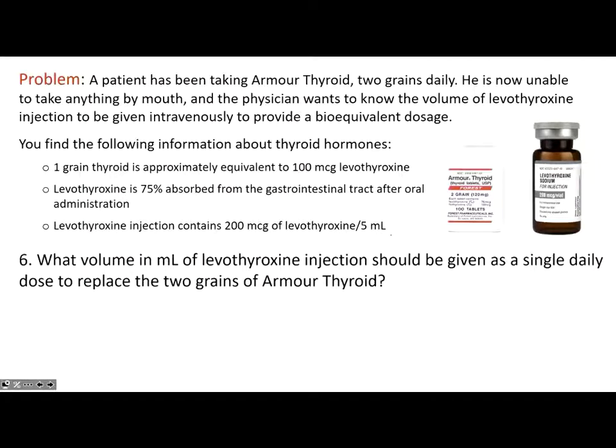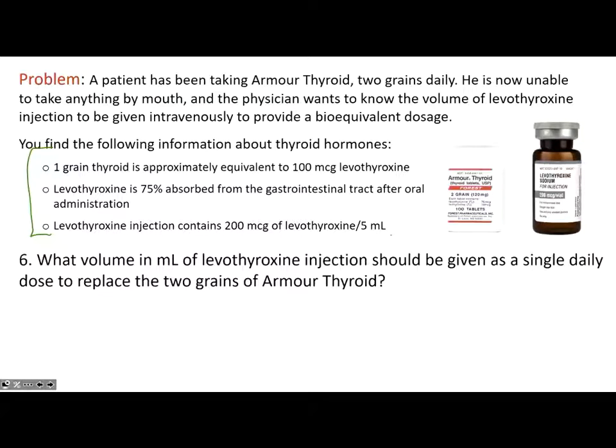To do that, there's some really important things you got to know here, okay? First of all, we're going to say that 1 grain of the thyroid medicine is equivalent to 100 micrograms of levothyroxine. It's not exact, but on the bottle there you can see there's a certain amount of levothyroxine within Armour thyroid. We're saying there's 100 micrograms per grain of the Armour thyroid.